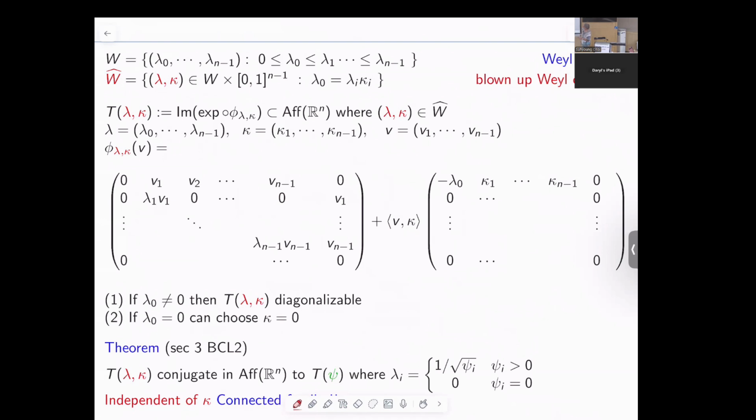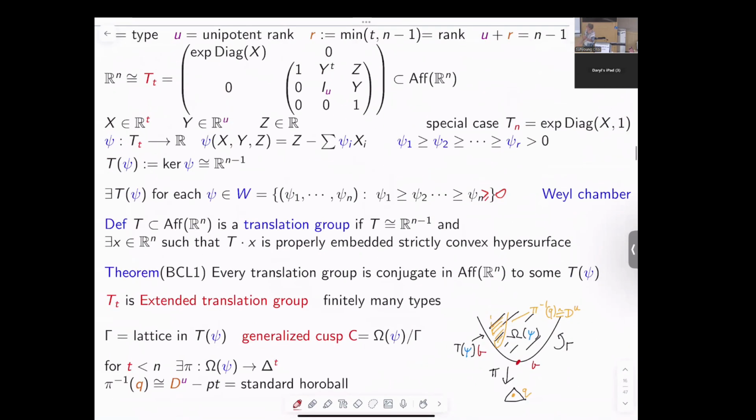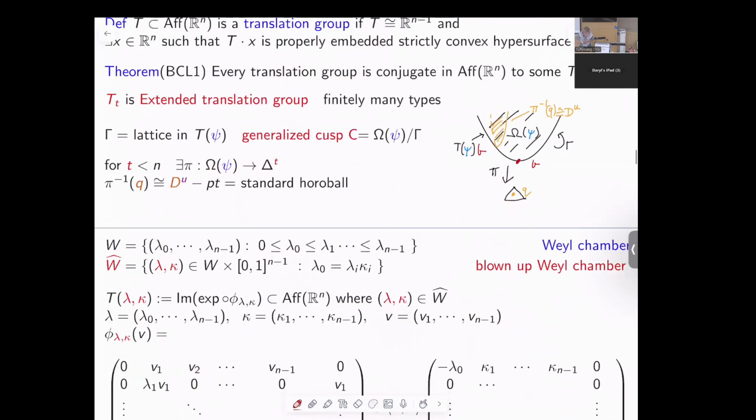And if I take a lattice in one of these Lie groups, that gives me a generalized cusp. So here we had, depending on the type, each type, a continuous family of codimension 1 subgroups in that type. So a finite set of continuously varying Lie groups.